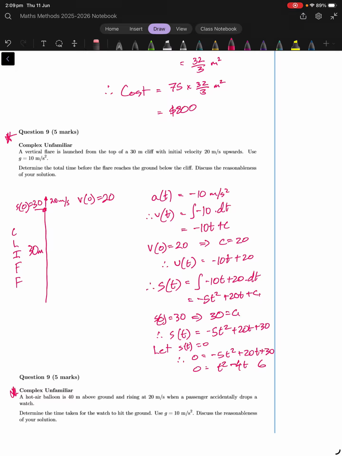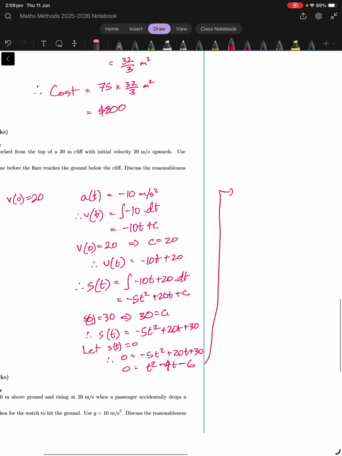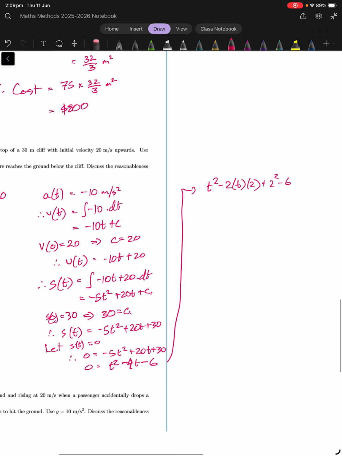So that's minus 4t minus 6. Complete the square or the quadratic formula. Difference of two squares.